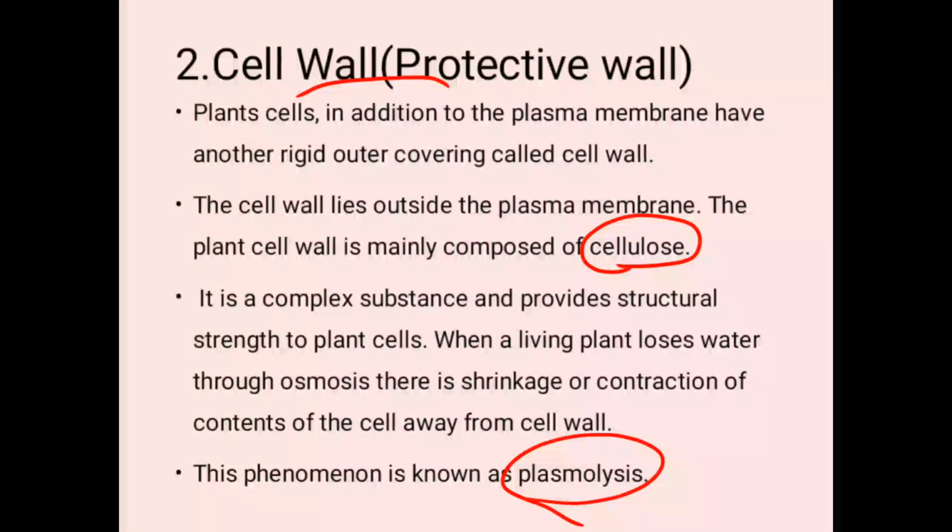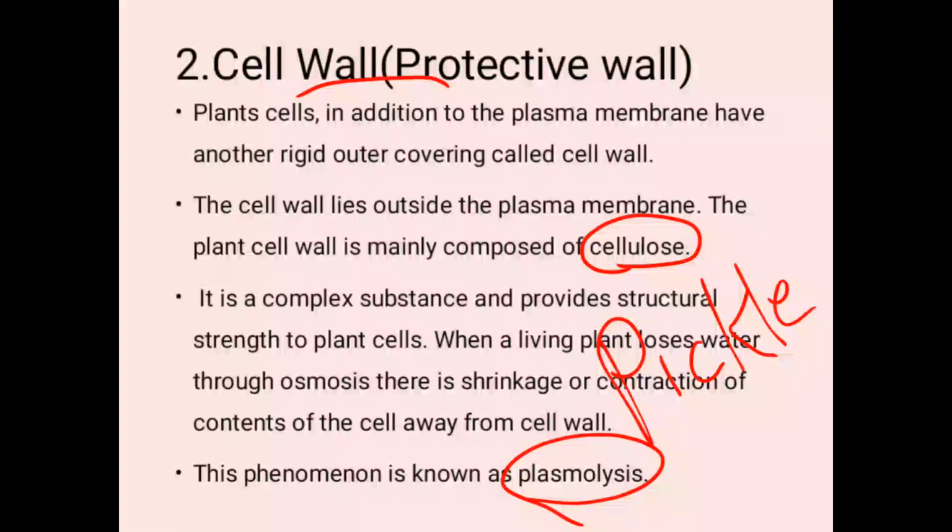I hope you all have seen your mother make a pickle, right? How does she make that pickle? Whatever the vegetables may be, she keeps those vegetables in salt or salt water, right? So after a few days, what will happen? Those vegetables lose their water content.